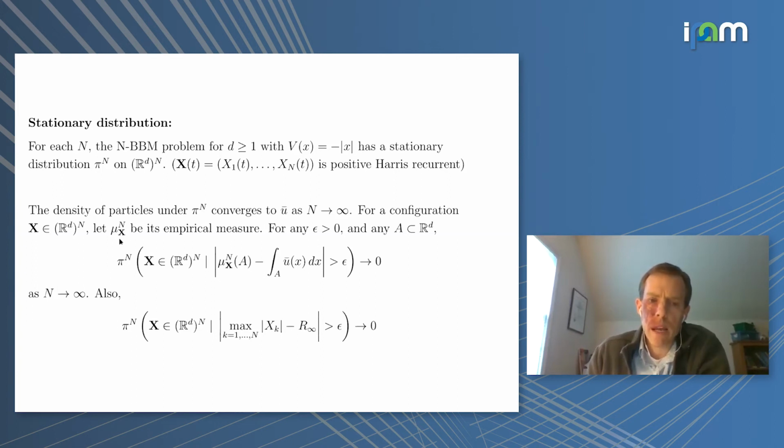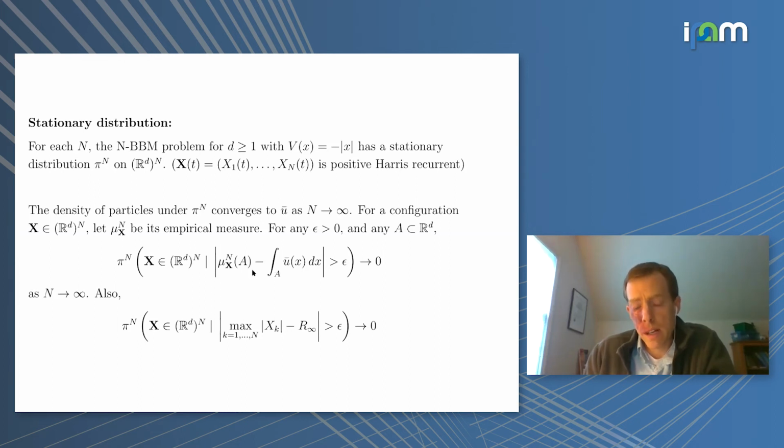So consider the behavior of this empirical measure under probability measure pi n on (R^d)^n. What we show is that under that probability measure, the empirical measure, mu x, converges weakly to u bar in this sense. For any epsilon, for any Borel set A, the mass of particles in A minus the mass of u bar in A is small.